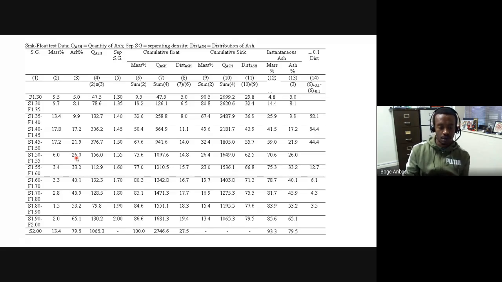So in this case, if you take, say, 5 grams from the sample and you do ash analysis, in the 5 grams, you have maybe a million particles.